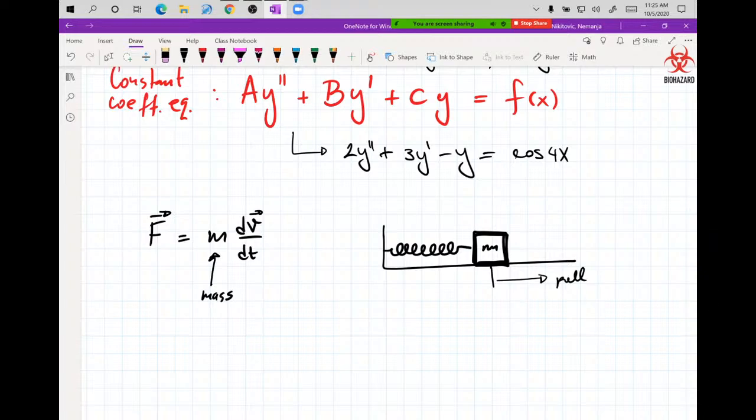Now, if I eliminate friction and gravity, by moving away sufficiently far from the galaxy, and I have a frictionless surface, this is the ideal case. We're going to have just a couple of forces acting on this object.